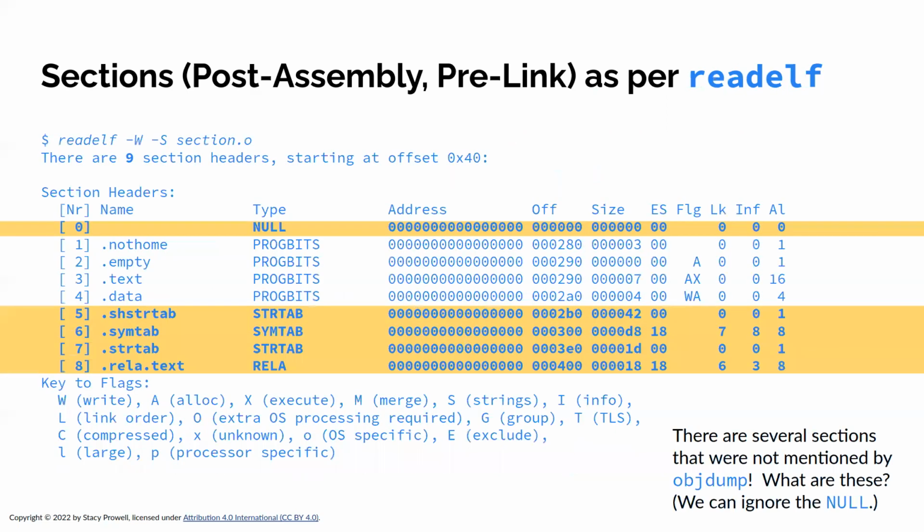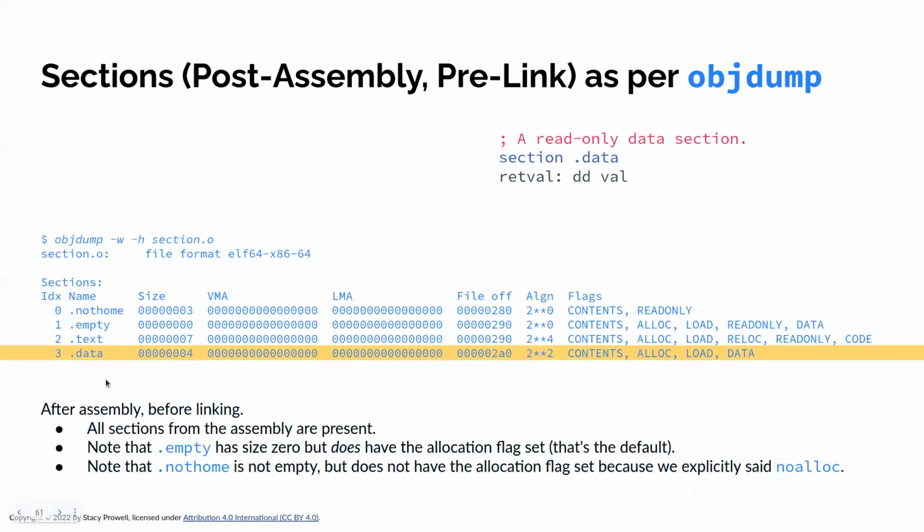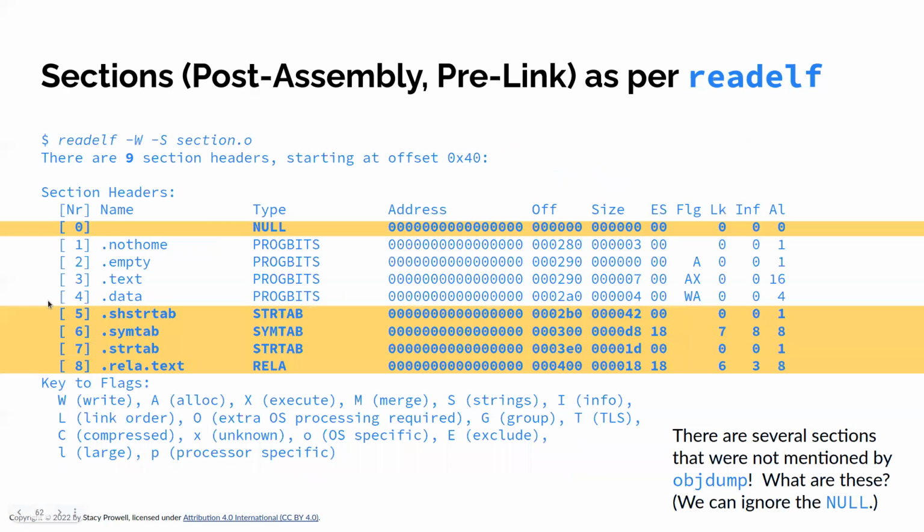But before we do that, let's look at it with readelf. So again, this is post-assembly, pre-linking, and what the heck? What are all these other sections? Well, they're in there. Objdump just didn't bother to show them to us, but readelf did. It goes ahead and shows us that there are all these other pieces. There's this weird null at the start that it shows us.